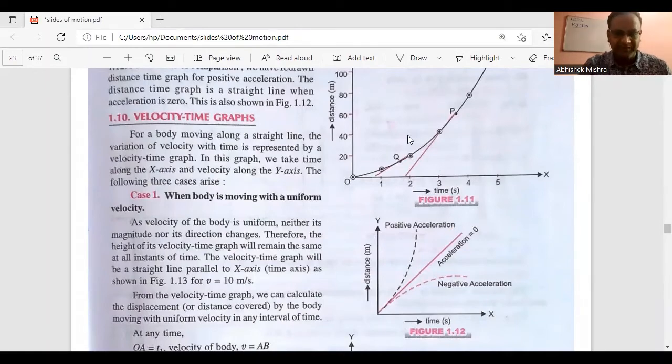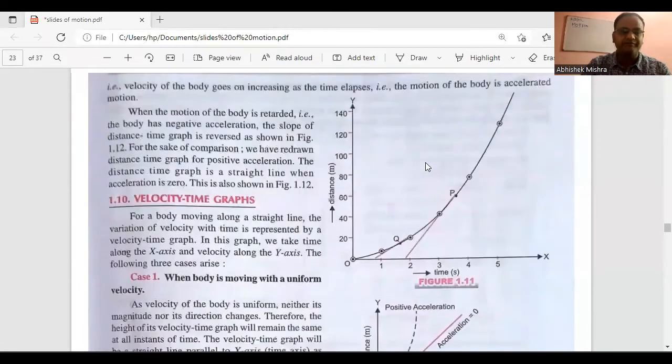Yes, I've got the feedback. Okay, fine. So now students, okay, Shripati, I'm once again going to explain this graph.